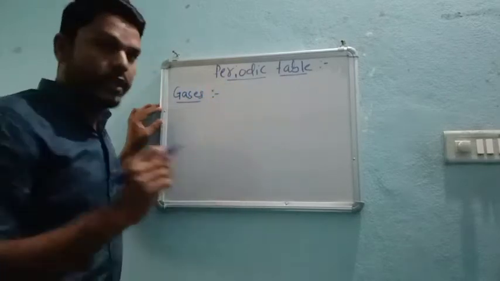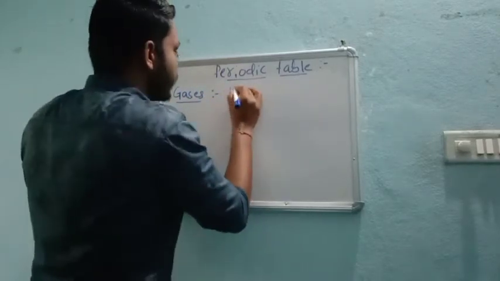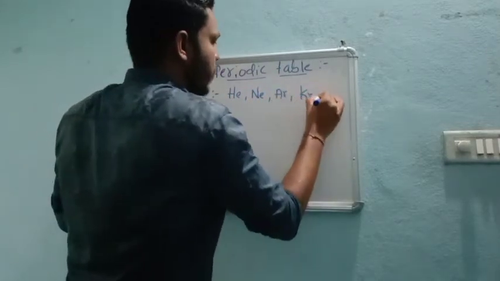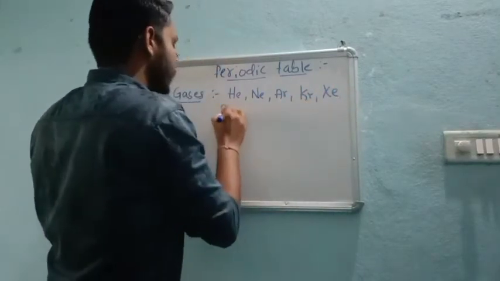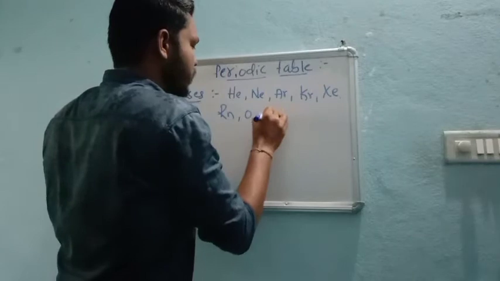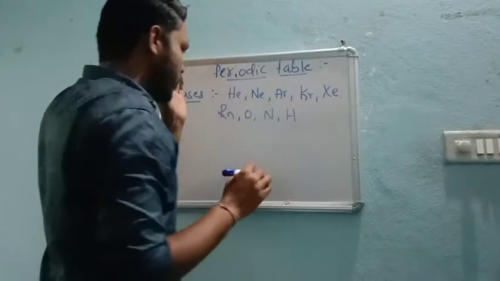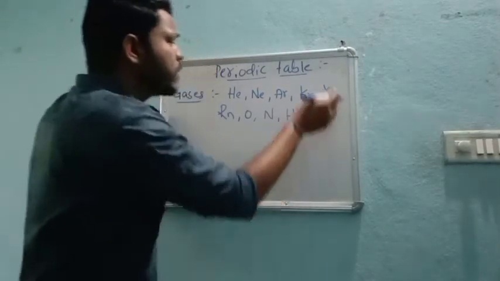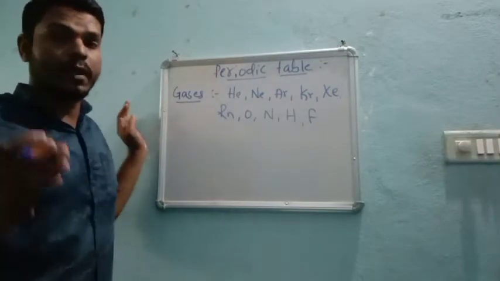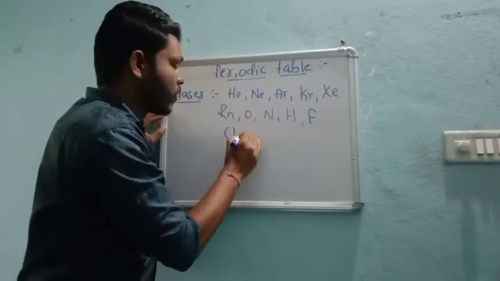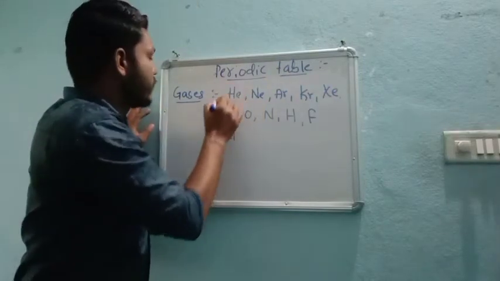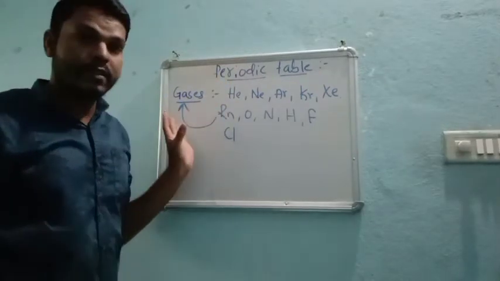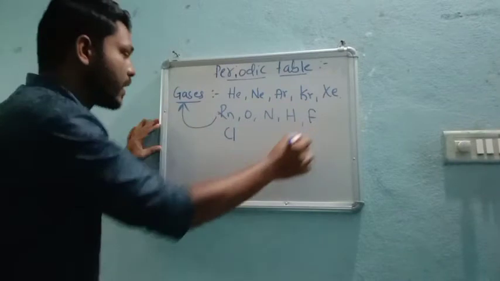Those are all the zero group elements like helium, neon, argon, krypton, xenon, radon, and also oxygen, nitrogen, hydrogen, fluorine, and chlorine. These are the gases. One or two elements I left out, but these are the gases.